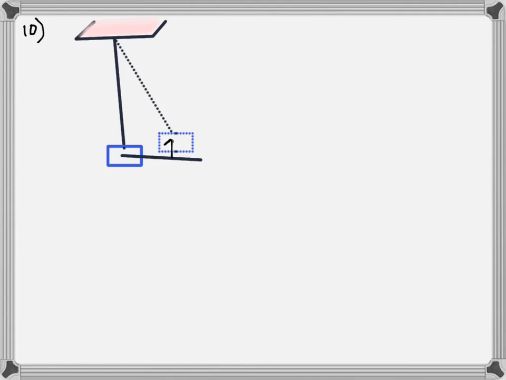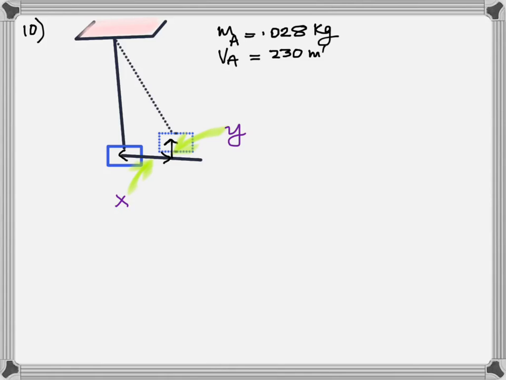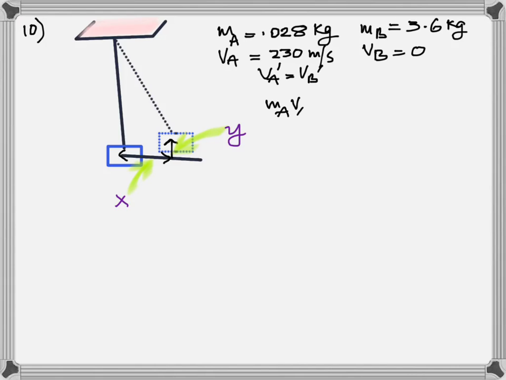You have a pendulum hanging down like that, 3.6 kilograms, and a bullet is fired right into it, making it swing up. X is the horizontal displacement, Y is the vertical displacement. Initially the block is at rest, that's why VB is 0, and after the collision they go together, so VA prime is equal to VB prime.